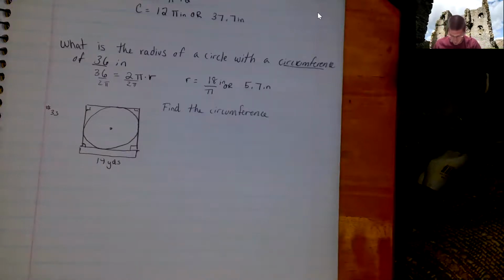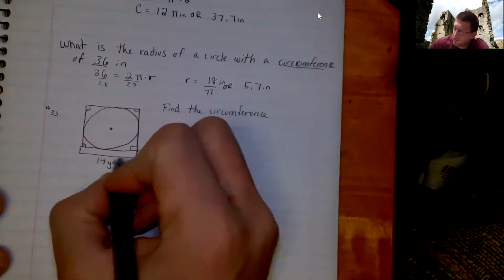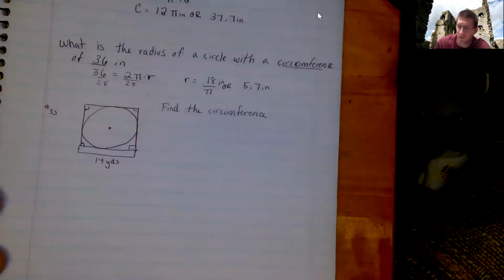In this case, it looks like a square. So the directions to number 33, let me pull them up here. It says, find the exact circumference of each circle by using the given inscribed or circumscribed polygon. So all they've given us down here is the measurement of one of these sides, which is 14 yards.